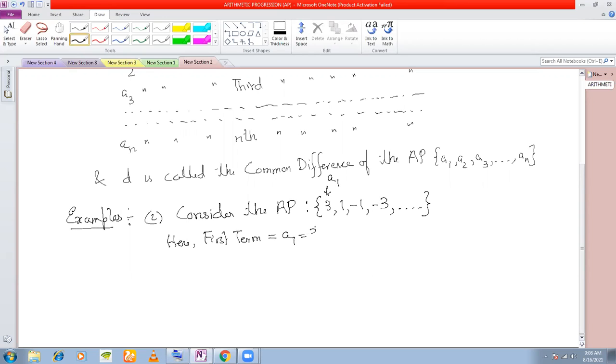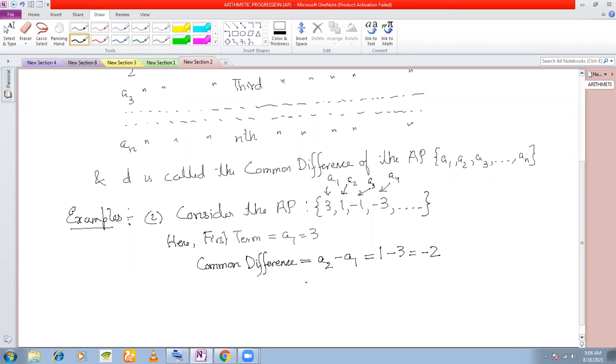The first term is equal to 3. And what is the common difference here? Common difference is, if this term is A1, this term is A2, this term is A3, this term is A4, and so on, A2 minus A1. A2 is 1 and A1 is 3. So common difference is minus 2.